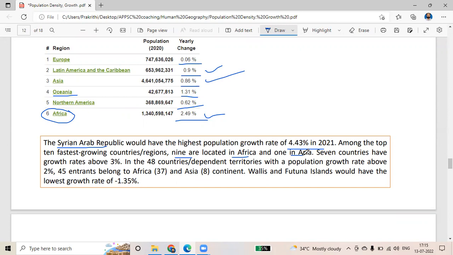So Africa is struggling, as out of 10 fastest growing countries, 9 are in Africa and one in Asia. 7 countries within this have population growth rate over 3%. That is how it is being distributed. And if you come to the lowest population, it is in Wallis and Futuna Islands.